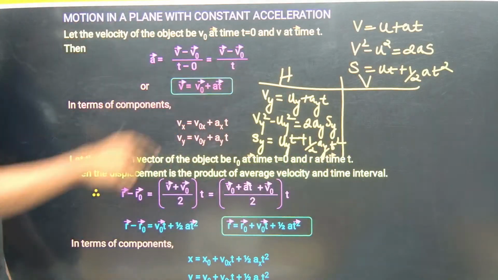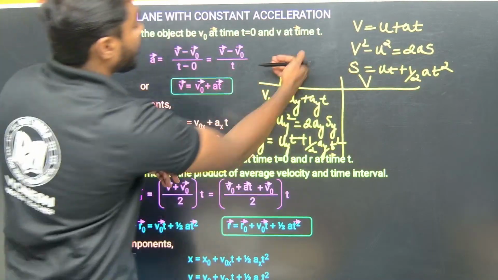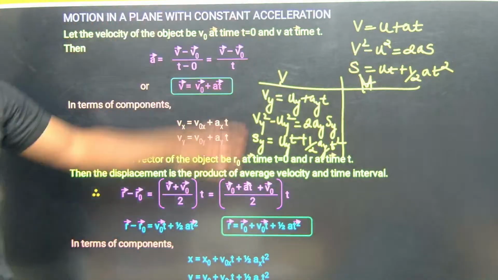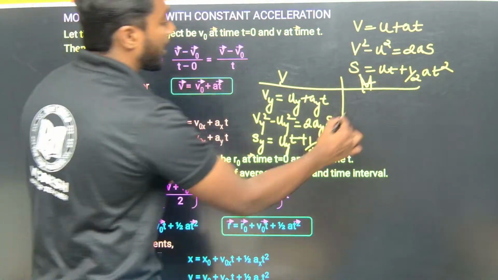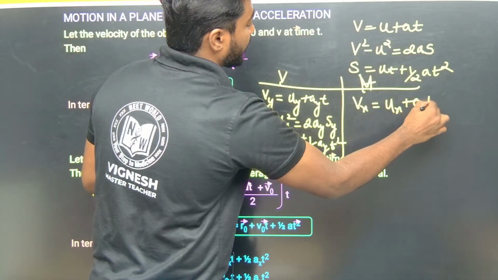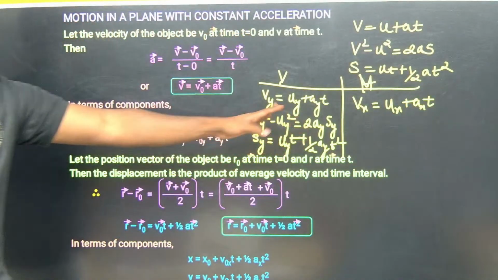This is for vertical, vertical in the sense y axis. For horizontal, x axis, it should be vx equals ux plus axt.